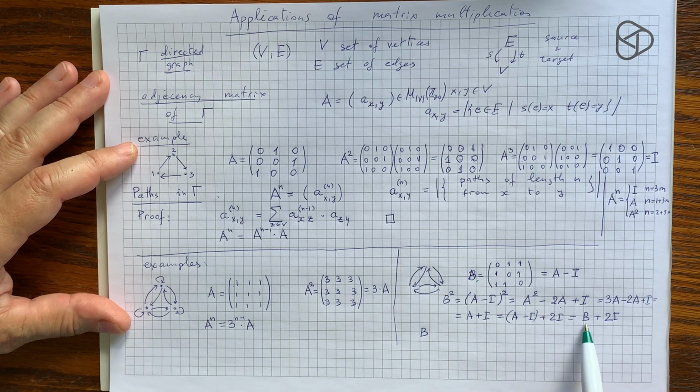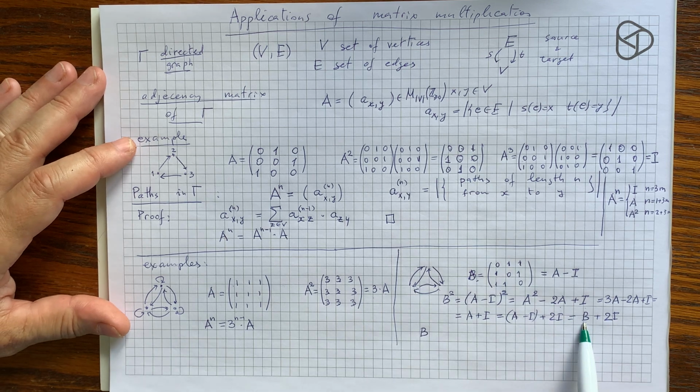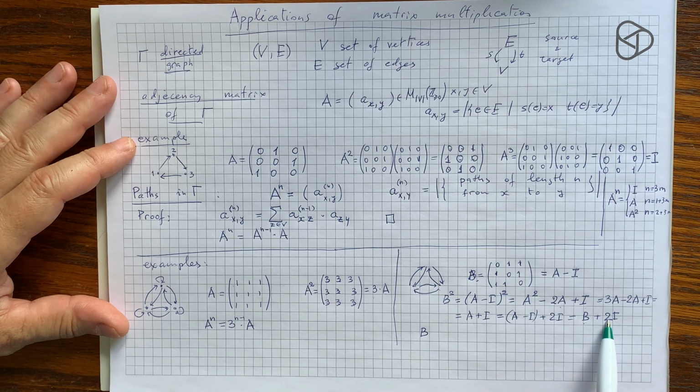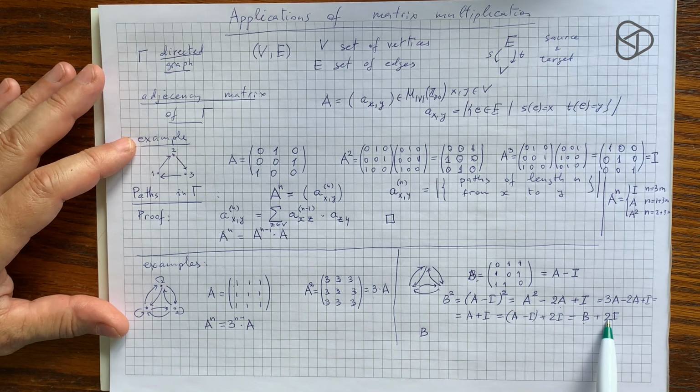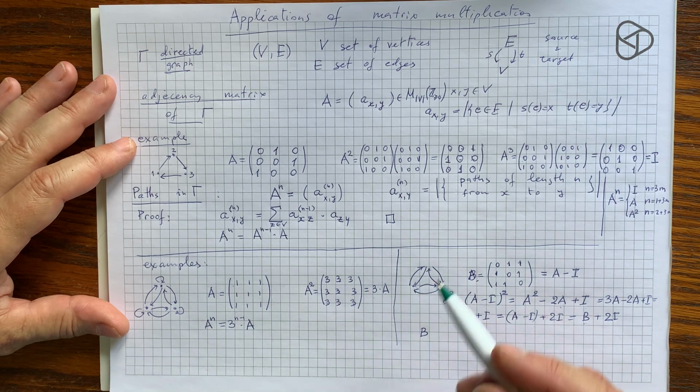But before we do that, we can see what this answer tells us. It tells us that the number of paths of length 2 between different vertices will be just 1, and self paths of length 2 will be 2, will be double.